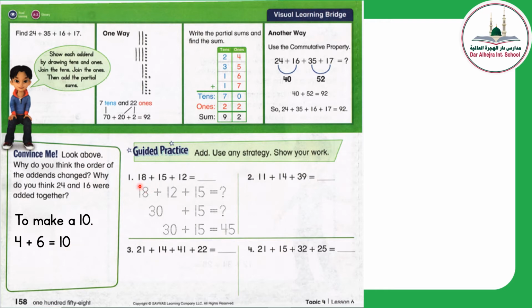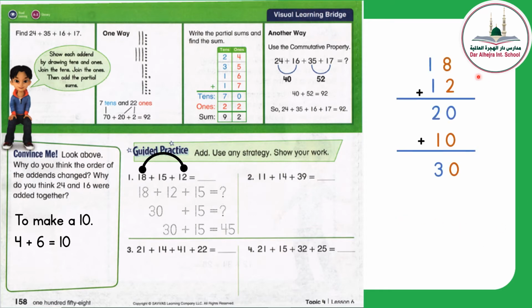Let's solve this equation, first one on page number 158, 18 plus 15 plus 12. If I look very closely at these numbers, I can see I have got the ones place 8 and 5 and 2. I can see here 2 and 8 together make a 10. So I'll be adding these two first, 18 and 12.